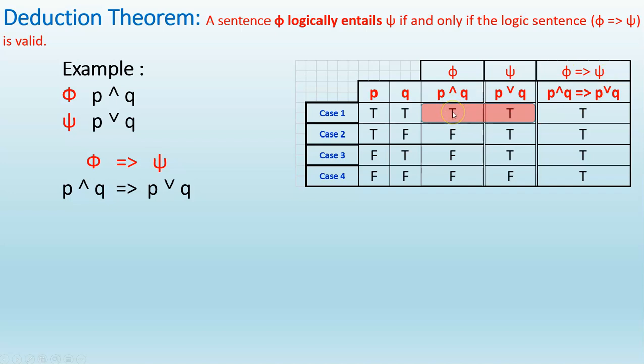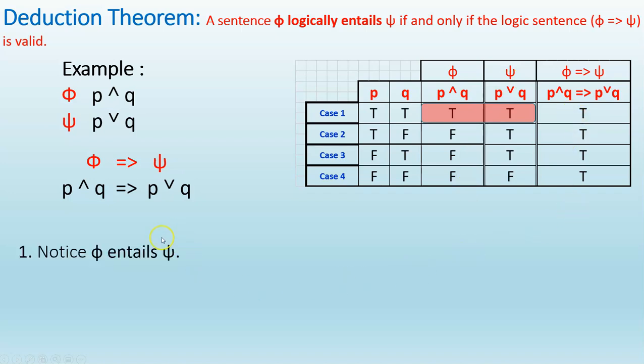Well, only once, actually. And is the consequent false there? No, it is not. So every single time phi implies psi is true, because there's never a case where phi is true but psi is false. In other words, never a case where the antecedent is true and the consequent is false. So that means the implication is always true.